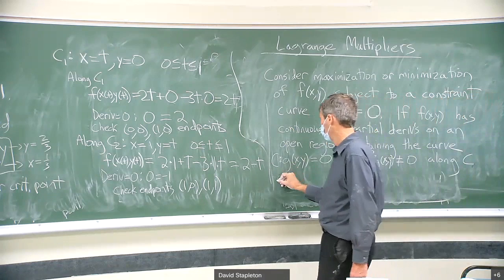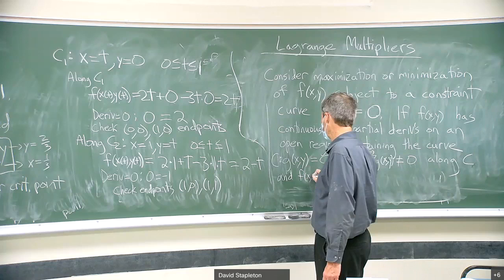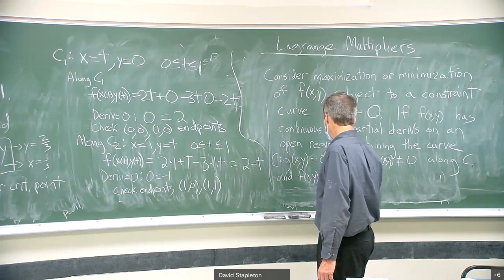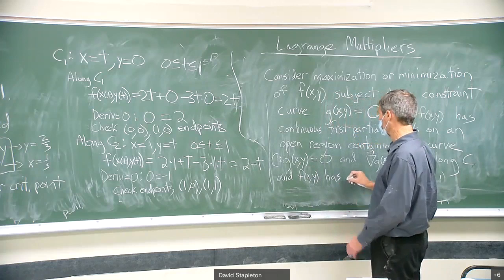And f has a constrained maximum or minimum. So it's an absolute maximum again, but it's subject to a constraint.